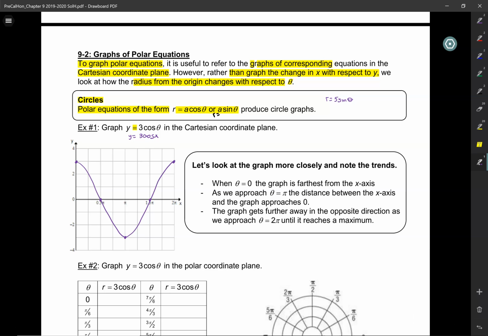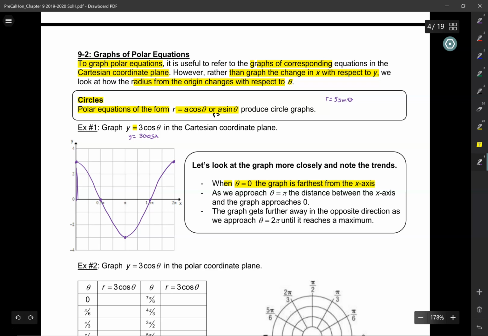Okay, so let's take a look at this graph a little bit more closely and see if we can see any trends in how this graph is behaving, because we're going to look at some different things now that we didn't before. So first and foremost, when theta is 0, the graph is farthest from the x-axis, right? You see that?